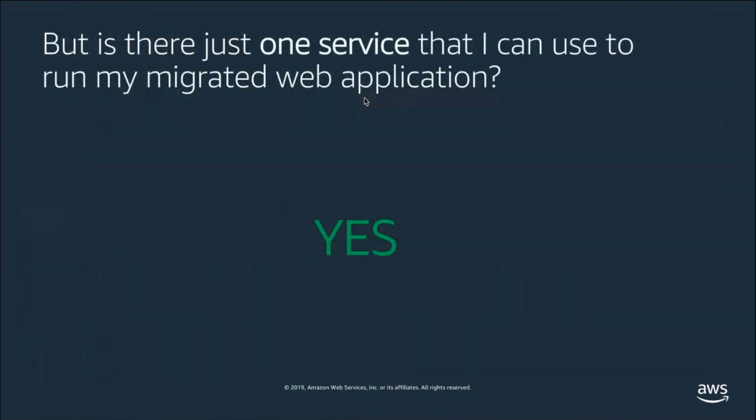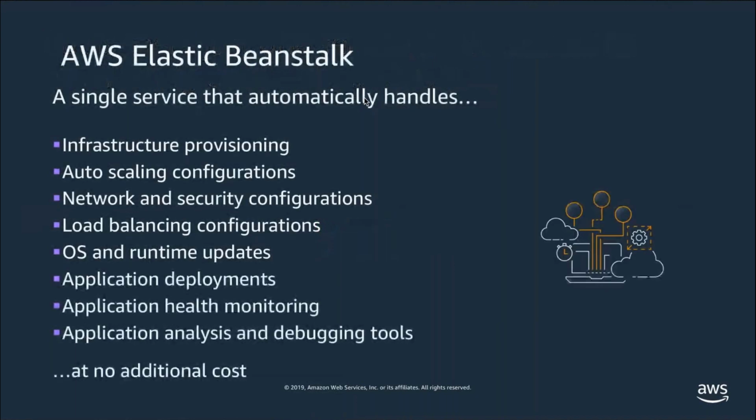But customers that are migrating to the cloud are interested in how they can do so quickly and efficiently without necessarily having to master a large number of different services. And so a common question is, hey, is there one service that I can use to run my migrated web applications? And the answer, of course, is yes. And that's by using AWS Elastic Beanstalk.